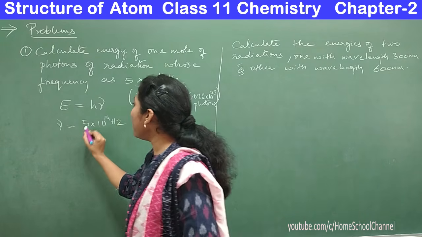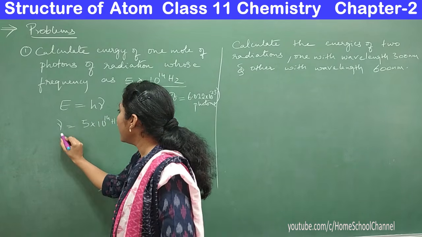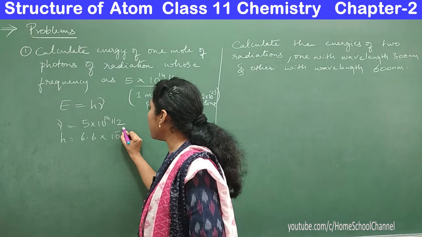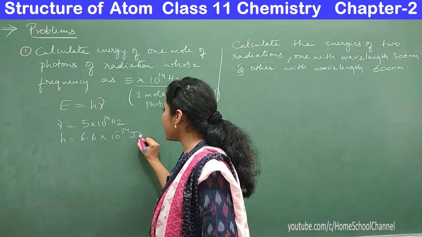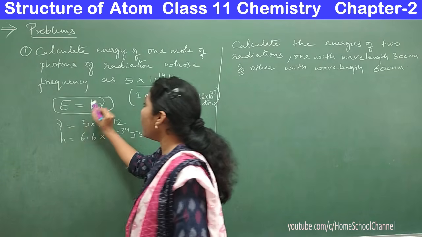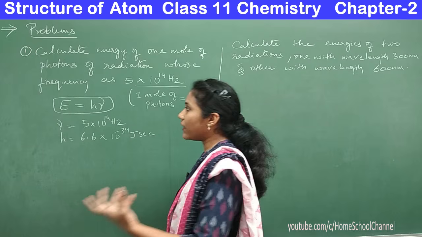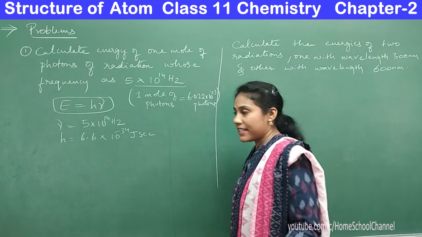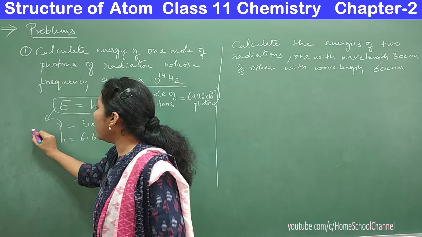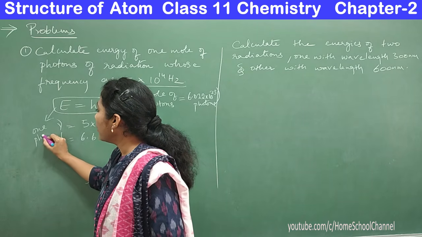We all know Planck's constant, right? The h value is 6.6 into 10 power minus 34 joule second, and you just have to use the formula. Energy of one photon is equal to h nu. I discussed in the last class that this formula can be used for one photon.